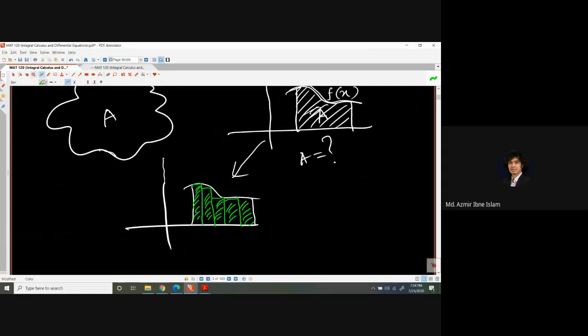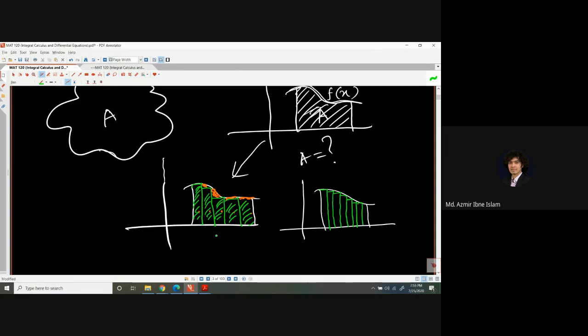But you can see we have a blank space. That means we are not getting the exact area. So instead of taking 1, 2, 3, 4, 5 rectangles, we can extend the same idea, but this time we take more and more rectangles: 1, 2, 3, 4, 5, 6, 7, 8.